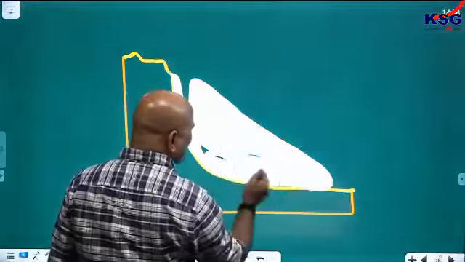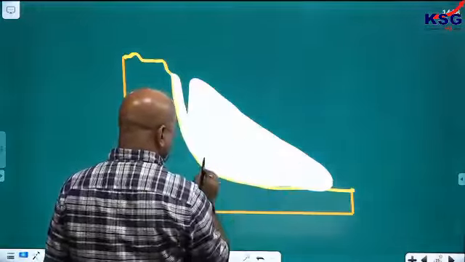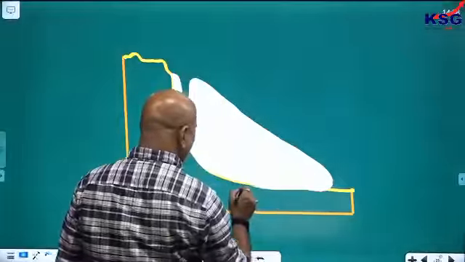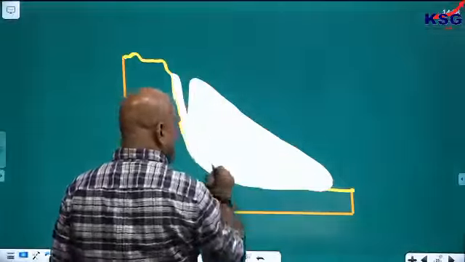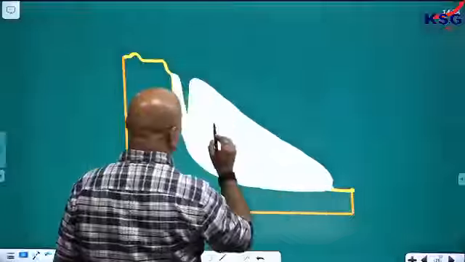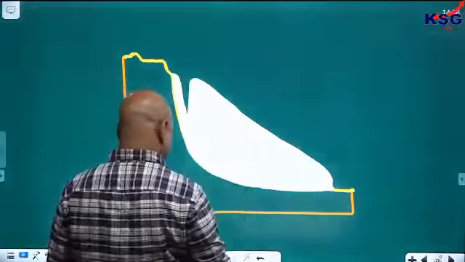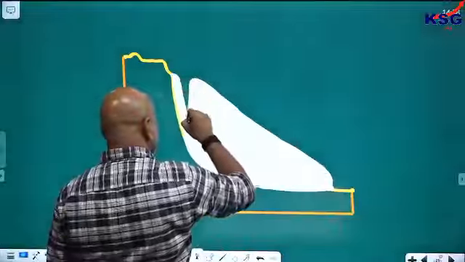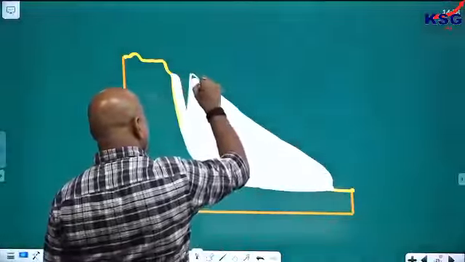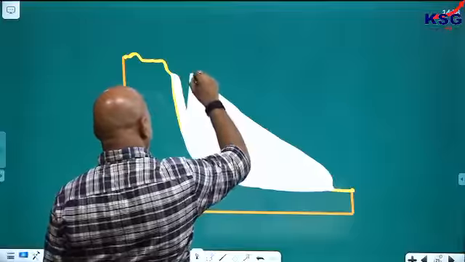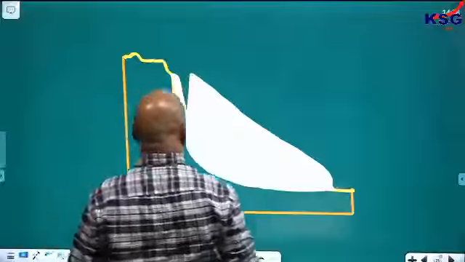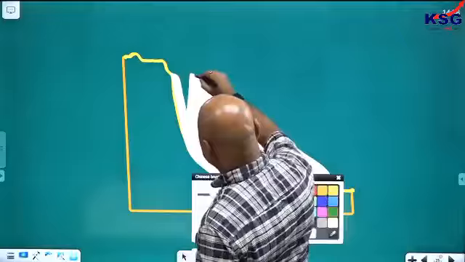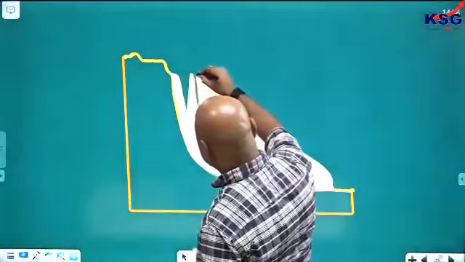Now this glacier is slowly gliding, see. It may form very sharp-edged cracks here. Cracks can develop here. Here also there is a possibility of cracks like this.